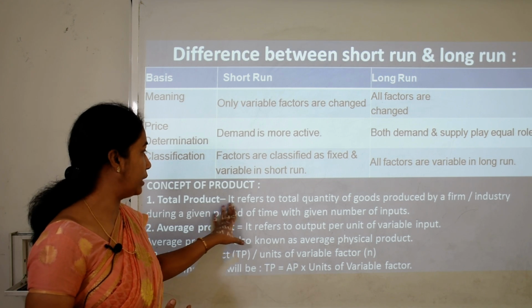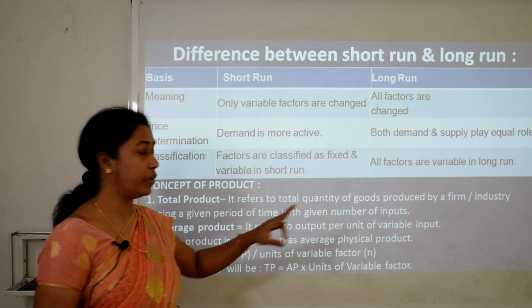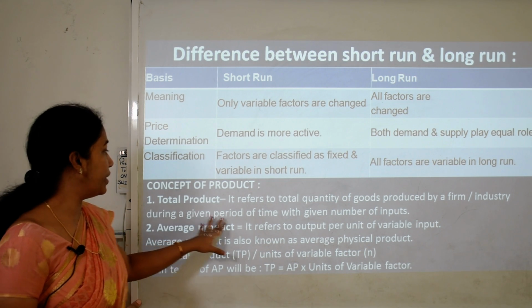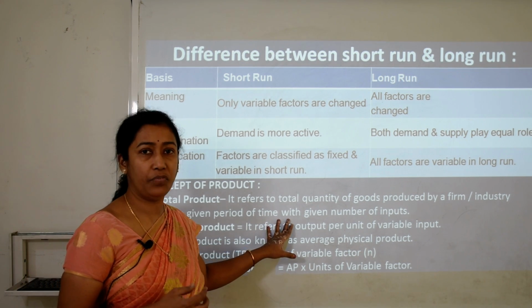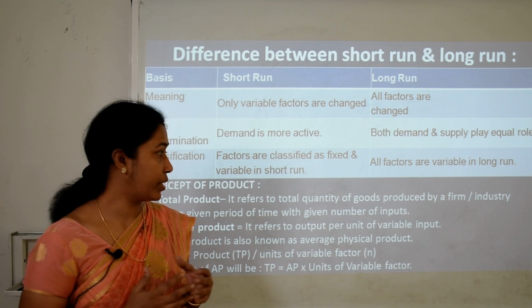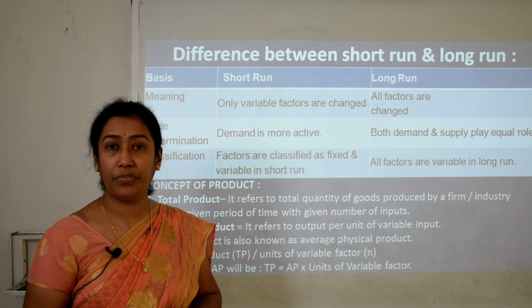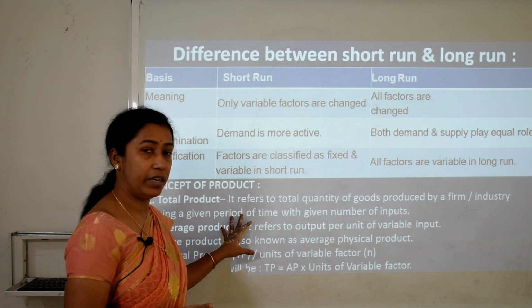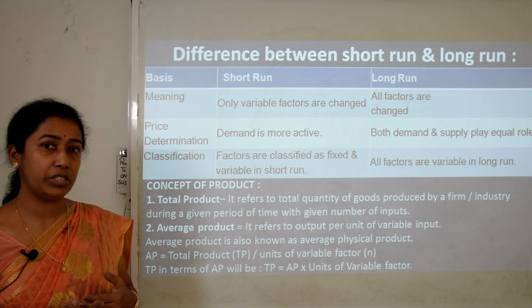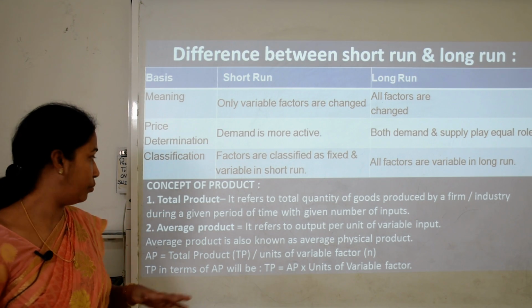Total product is the total quantity of goods produced by a firm or industry during a given period of time with a given number of inputs. Inputs here can be fixed and variable factors both.